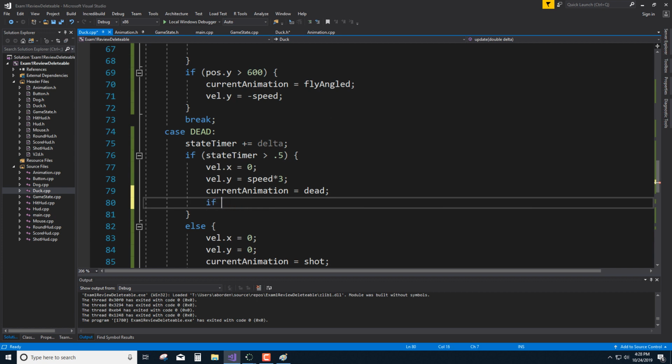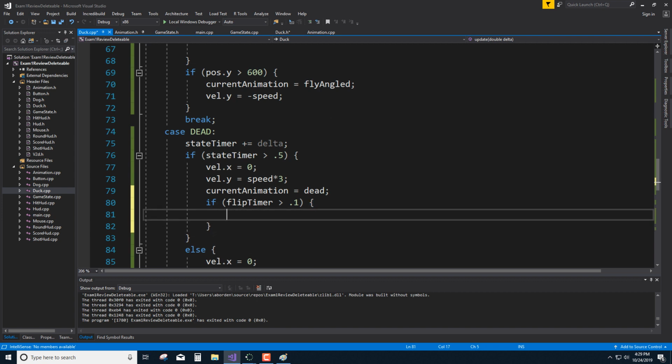So what we'll have to do is say if flip timer is greater than 0.1, if flip equals SDL_FLIP_HORIZONTAL, double equals.